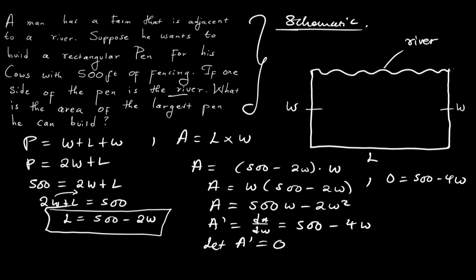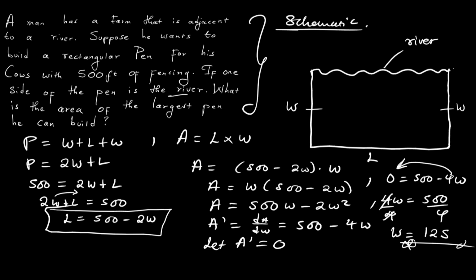So for W, the minus 4W can go that side, and you have 4W equal to 500. Now, we want to solve for W and not for 4W, so we divide both sides by 4. By doing so, we'll end up having the value of W equal to 500 over 4, which basically gives us 125.